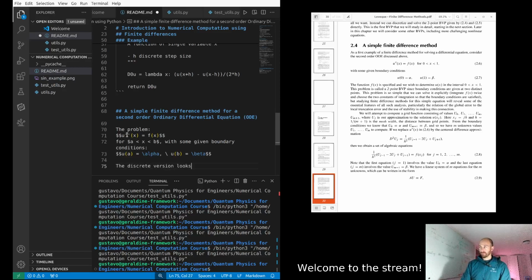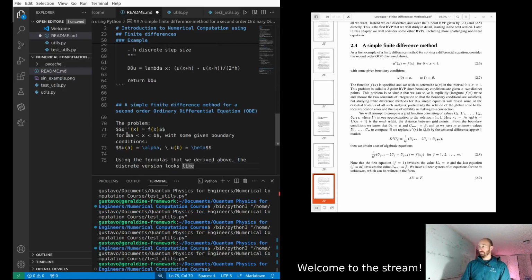Let me add here, using the formulas that we derived above, the discrete version of this problem looks like this.